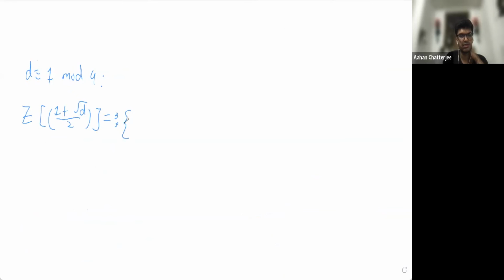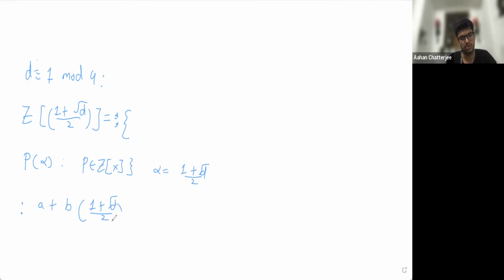What does this represent? So this is basically the set p of alpha, where p is in Z[x] and alpha is (1 plus root D) upon 2. So in this case, it will be of the form a plus b times (1 plus root D) upon 2.